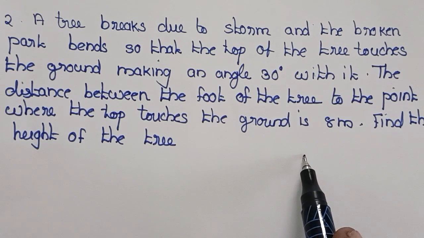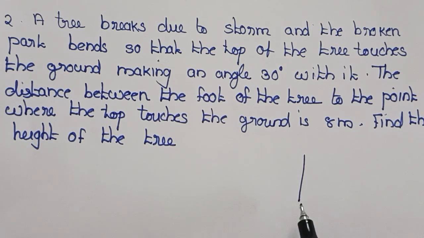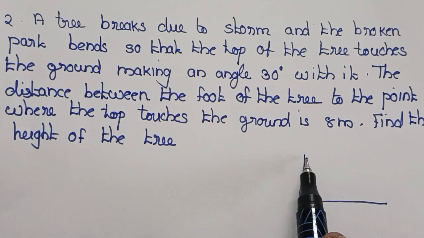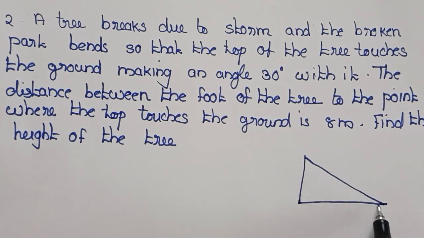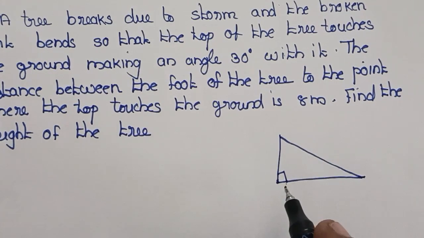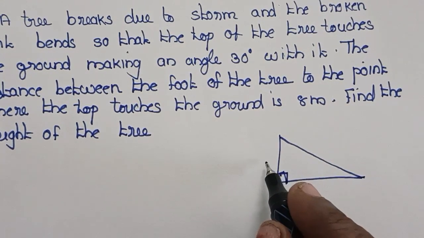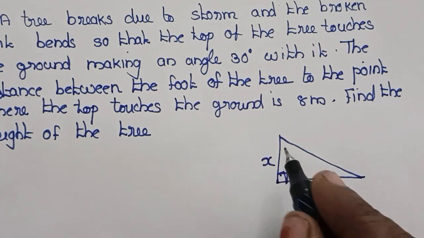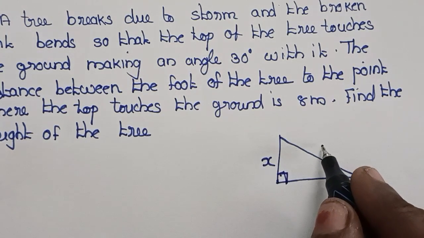That is, due to storm, a tree is broken and bends to touch the ground. Here this one is 90 degree. So a tree, it is broken and bent to the ground.